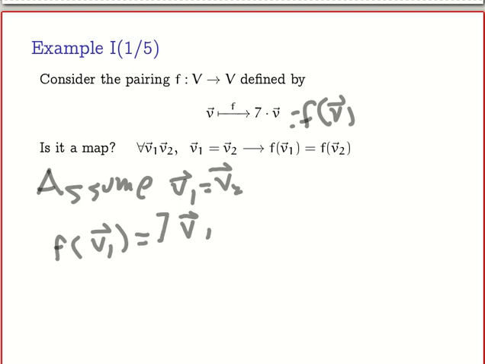And because v1 equals v2, that's equal to 7 times v2. And in fact, the pairing of the image of v2, f of v2, is just 7 times v2. So this is equal to f of v2. So this shows that if I start off with two equal vectors, v1 and v2, they can't have different images. So this makes it into a map.